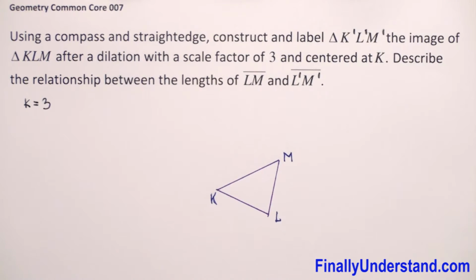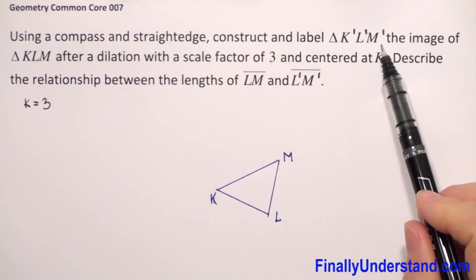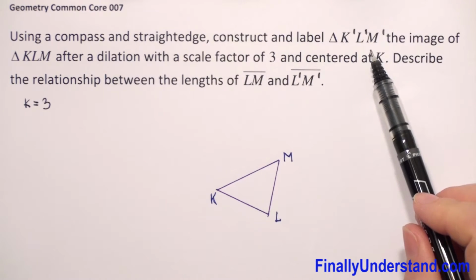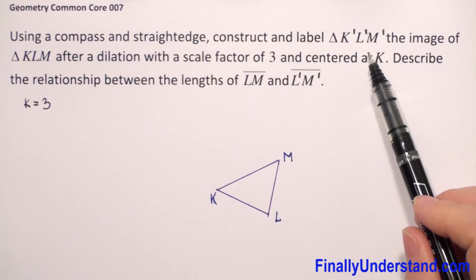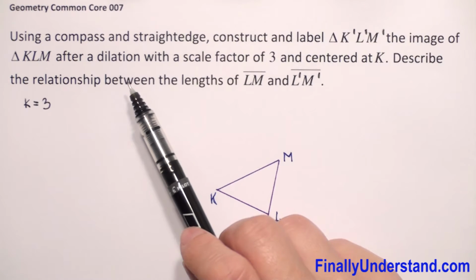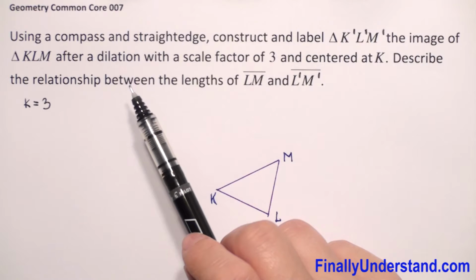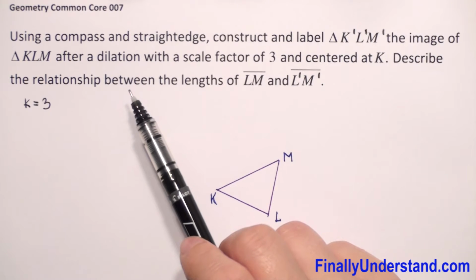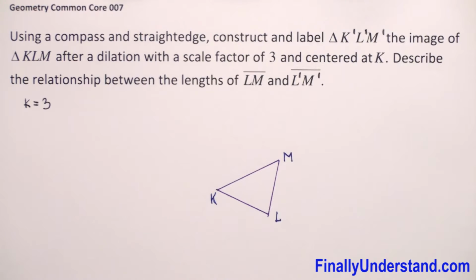First we have to construct the triangle K prime L prime M prime, and this is the image of triangle KLM after dilation. A dilation, we know, is a transformation that stretches or shrinks a figure to create a similar figure. A dilation is a type of similarity transformation. In dilation, a figure is enlarged or reduced with respect to a fixed point called the center of dilation.